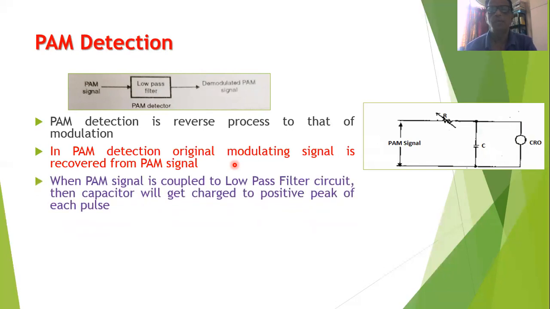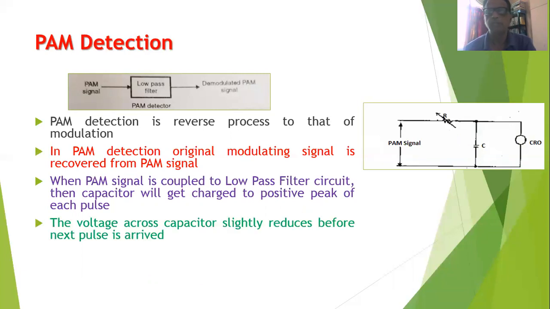So when the PAM signal is coupled to the low pass filter circuit consisting of resistance and capacitor, the capacitor will get charged to the positive peak of each pulse. And before the next pulse comes in, the capacitor will get discharged through the resistance R. So the voltage across the capacitor will slightly reduce because of the discharge before the next pulse arrives.